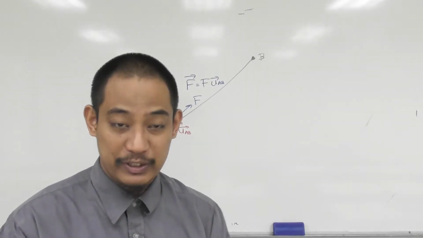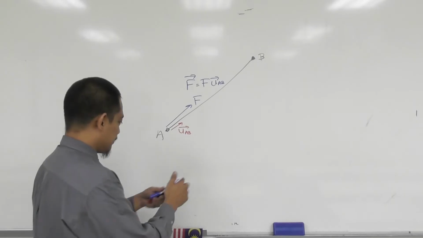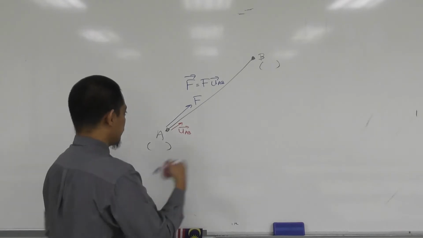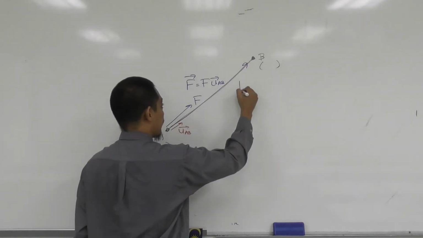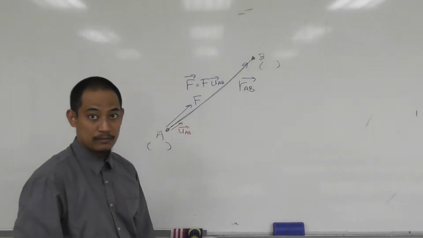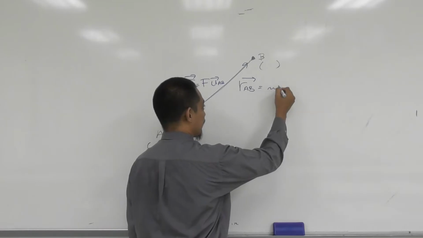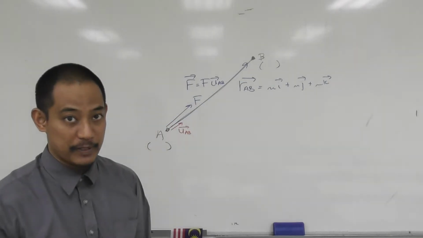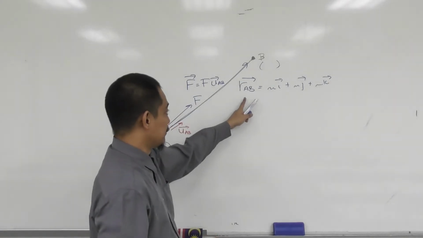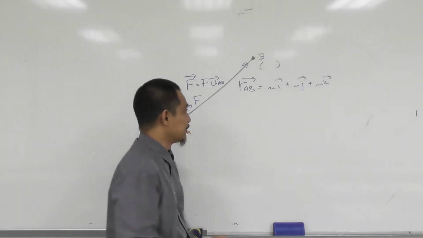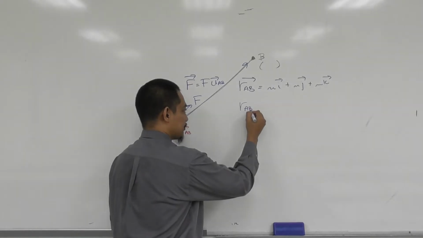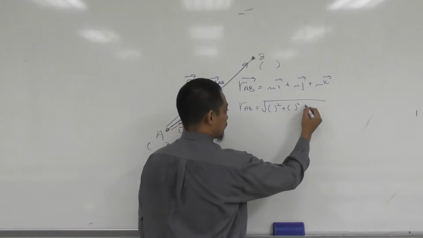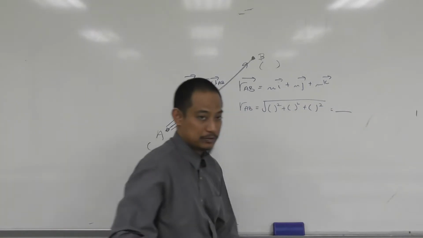The easiest vector to find, if we know the coordinates, is RAB in Cartesian vector form: a value I plus a value J plus a value K, which is just this coordinate minus that coordinate. The magnitude of RAB is the square root of the sum of the squares of these components, giving a specific value.